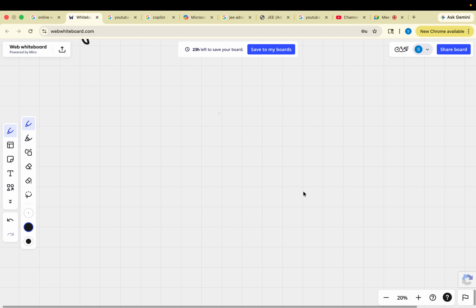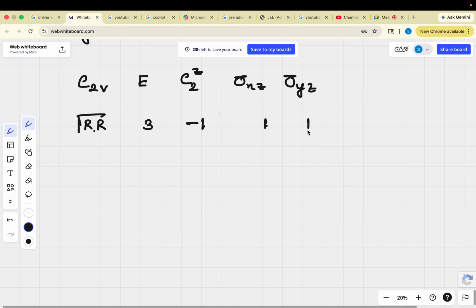So basically if you have only 1D, because I have written on this already that you have E, C2Z, then sigma xz, then sigma yz, the reducible representation for 1D will be 3, minus 1, 1, 1.